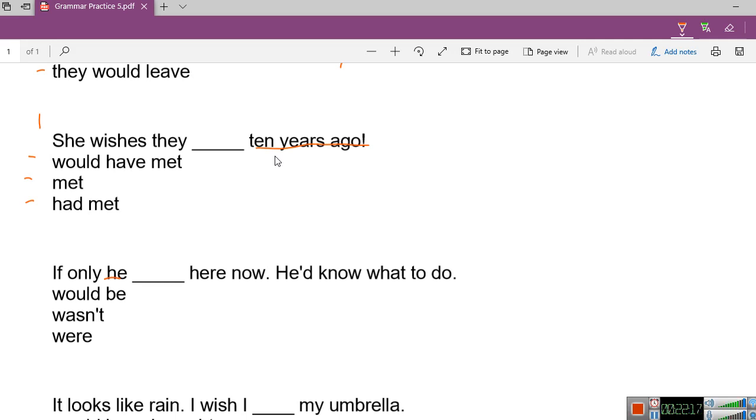Okay, in this case it will be had met, because 10 years ago we're talking about a past action. And remember, when we talk about a past desire, we use the past perfect. What is the past perfect? When we have had.